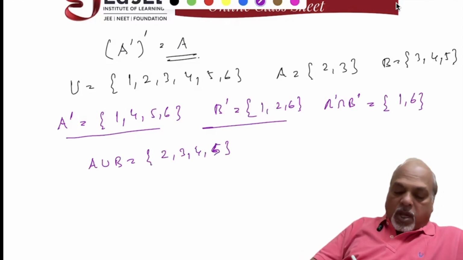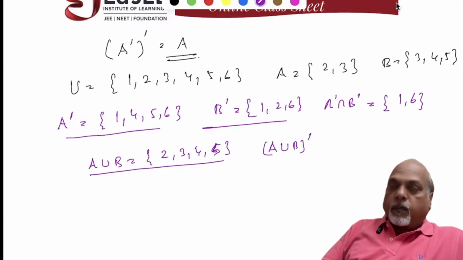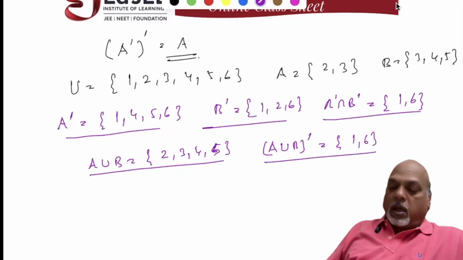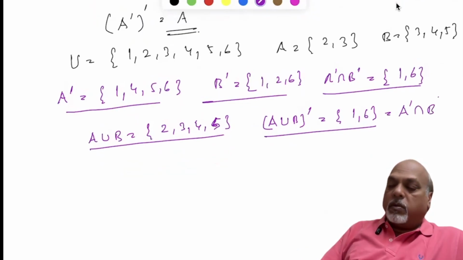Now suppose you take the complement of this set, let us see. That will be 1 and 6. Just see this and this. That means the complement of A union B will be equal to A complement intersection B complement.